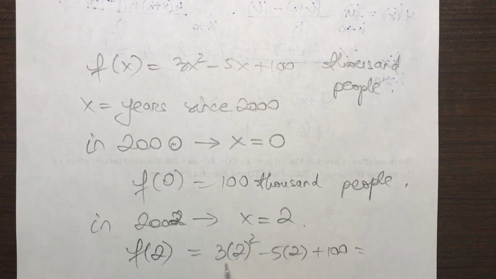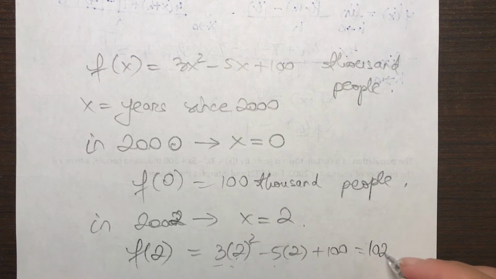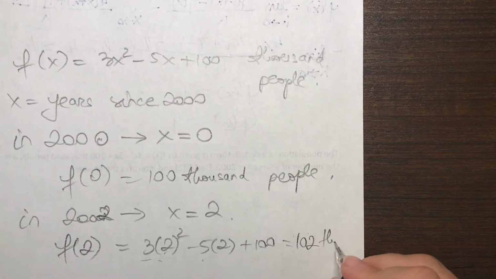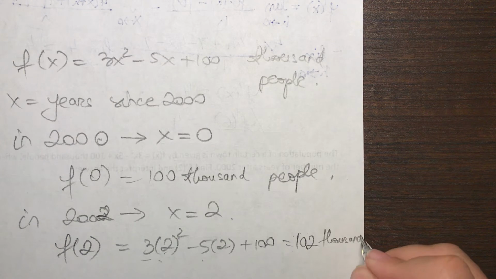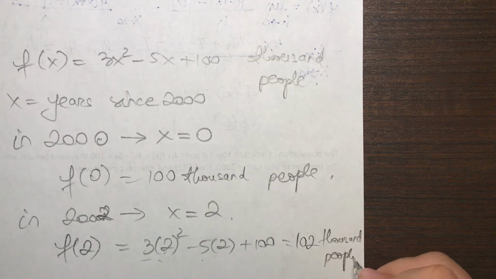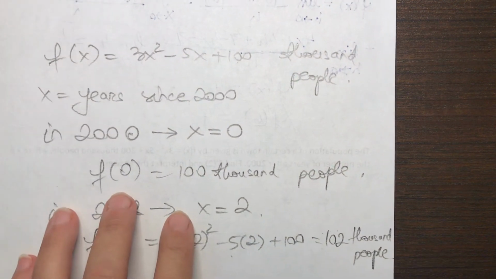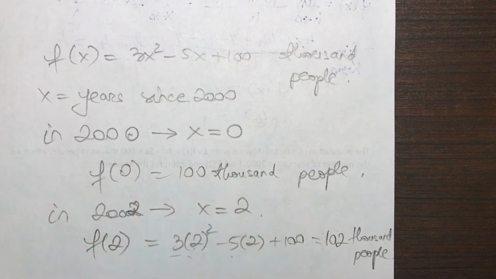Okay, that's 412. 12 minus 10 is 2. By the way, if you would have looked at 2001, the population would have gone down to 98,000 people. But then it's increasing again, and we're getting to 102,000 people.